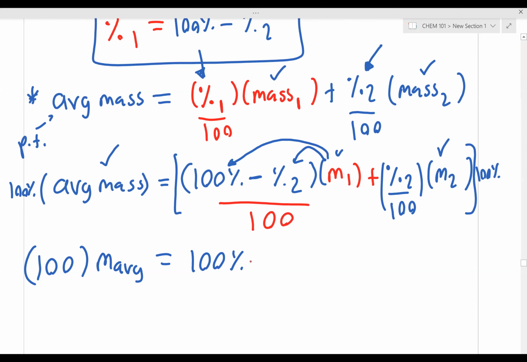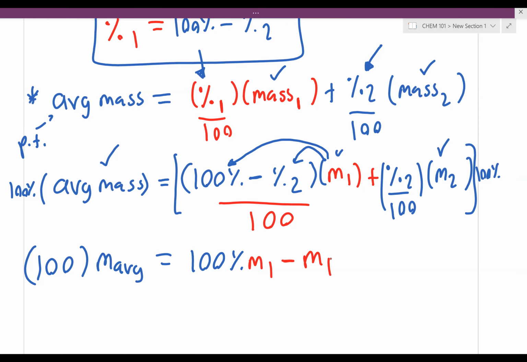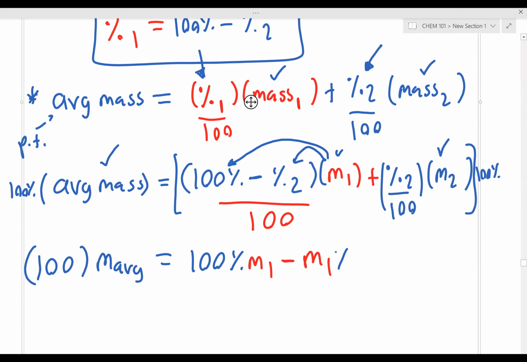So let's write that out. Minus the mass of isotope 1 times the percentage of isotope 2. Okay, so this equation is starting to look a little bit more simple. And again, we also have plus the mass of isotope 2 times the percentage of isotope 2. So we're already on the track to getting a reasonable solution, right?